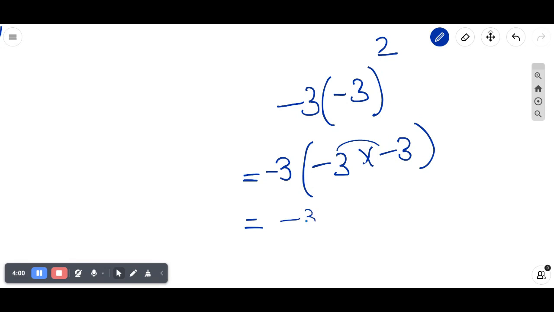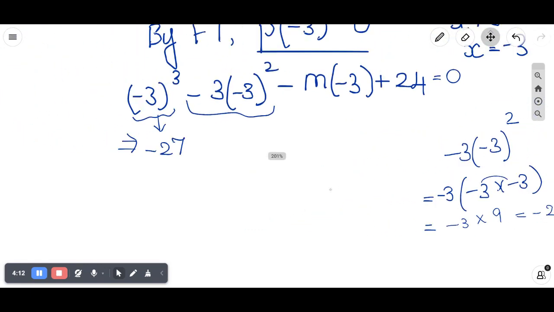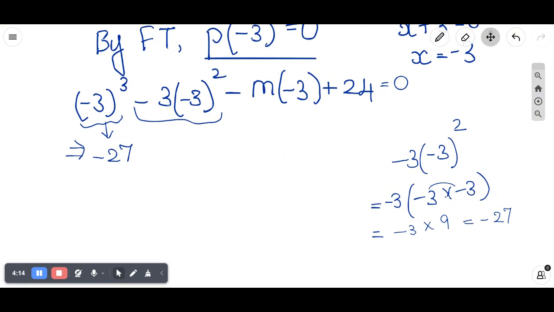So minus 3 into 9, which is minus 27. Be very careful when you do this calculation. So we can write minus 27, and minus of minus 3m. Here you have a minus and here a plus, so minus into minus is plus 3m, plus 24 is equal to 0.